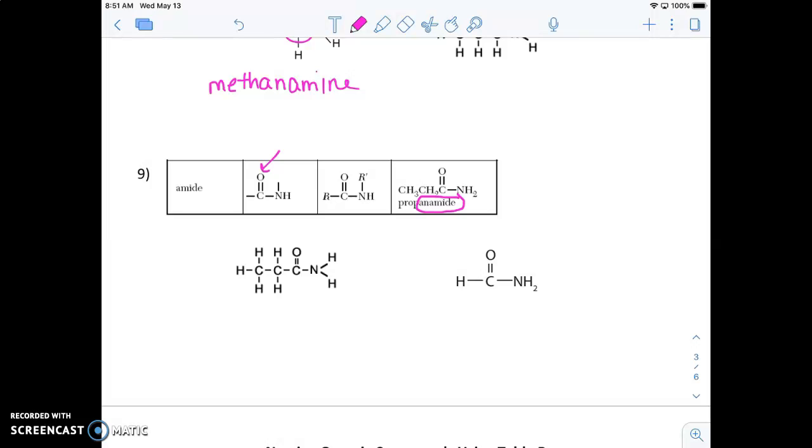There's a D in there instead of an N. And always, guys, the beginning comes from how many C's there are. So this molecule has 3 C's, so that's prop. And the ending is anamide because that's what table R tells me the ending should be. Okay, I want you guys to pause the video, try this one yourself.